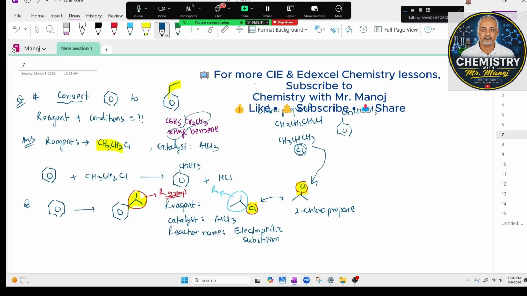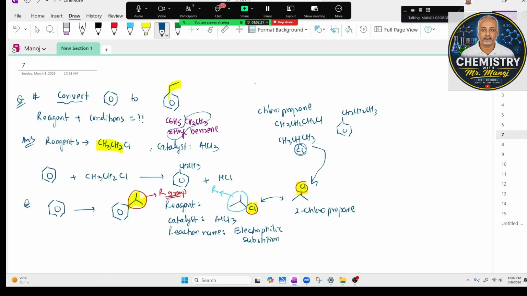So the moment you see this fancy stuff happening, that means the halogen is not in the first position now. Halogen is in the second position. So I used this secondary haloalkane, 2-chloropropane. If I remove the chlorine from the second position, I get my R group in that format.